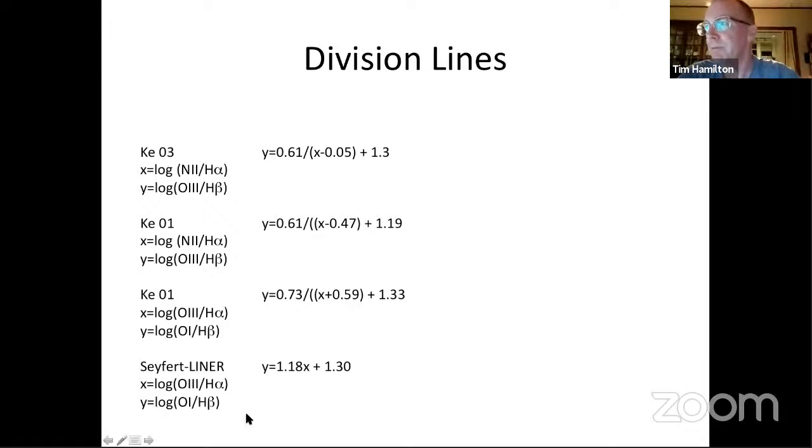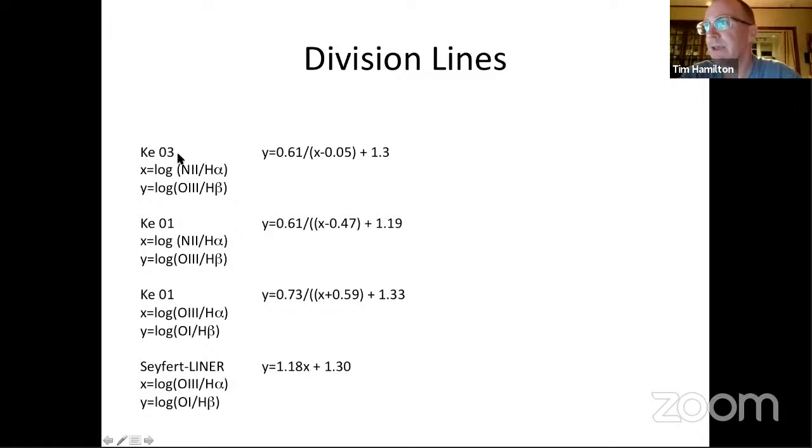Okay, there are three lines here. One of them is put on two different plots. The first one is the KE. And the truth, I never did quite find out what that stands for. It kind of makes me think of Culley, but the O3 line and the O1 line, those might even be publication years. And then a Seyfert-LINER division line.